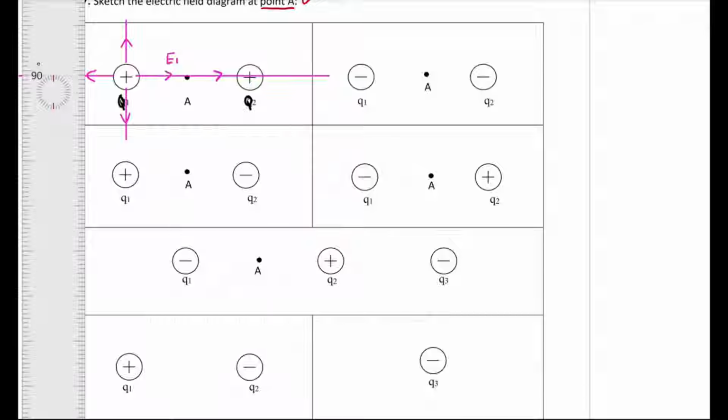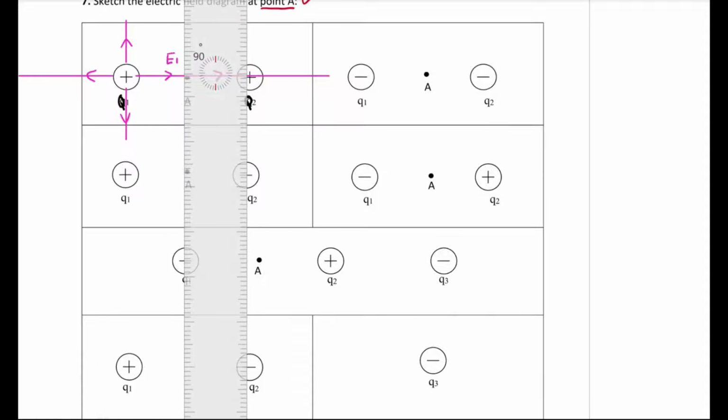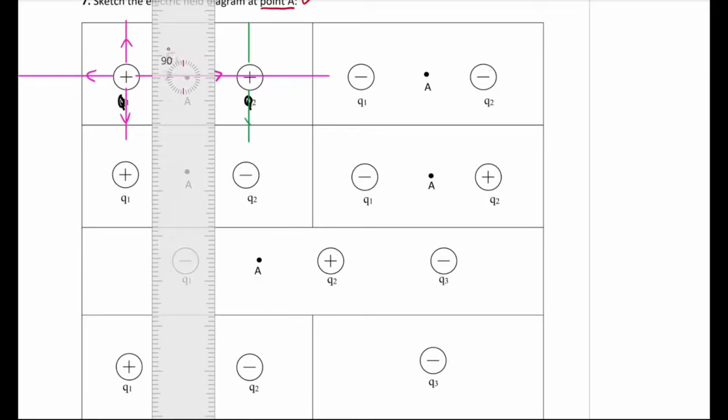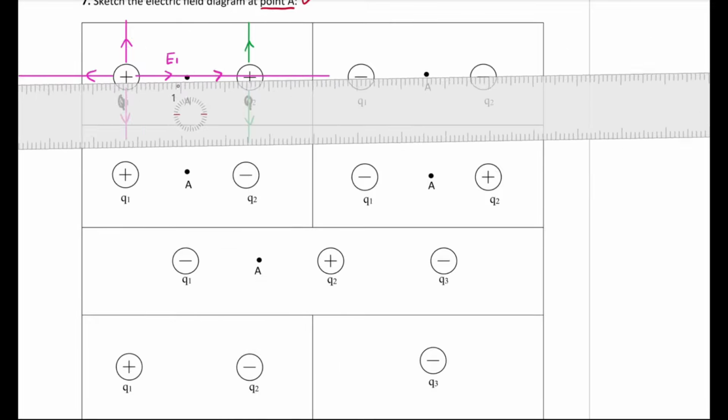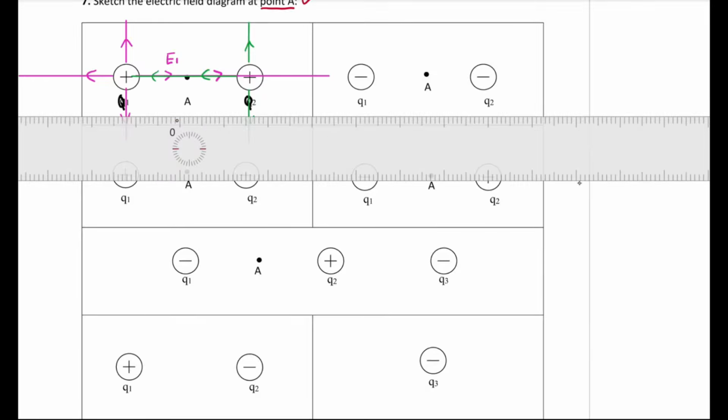Macam tu. Okay. And at point, from Q2, due to Q2. Okay, so sama juga dia keluar macam ni. So dia akan macam ini. Kan dia akan keluar macam tu. Okay.